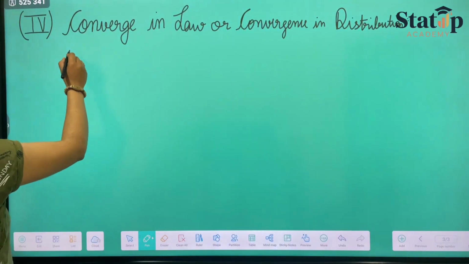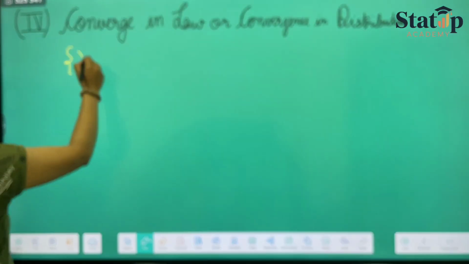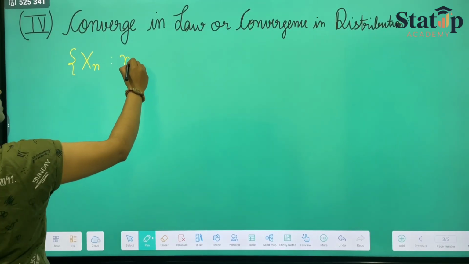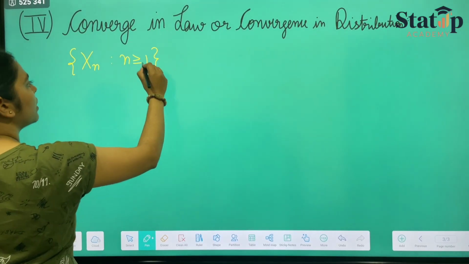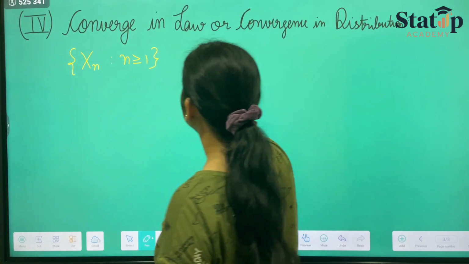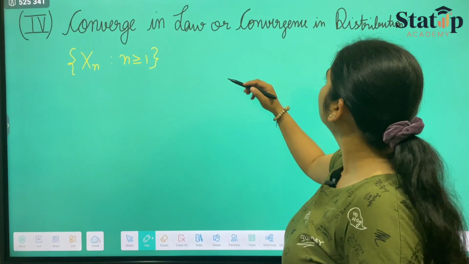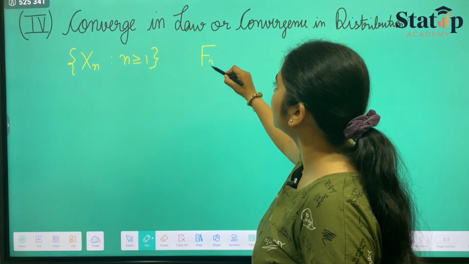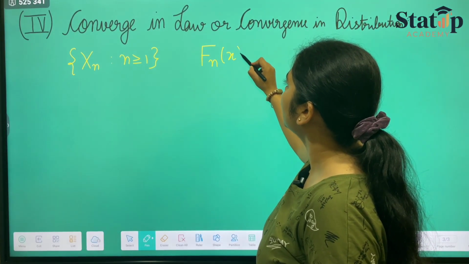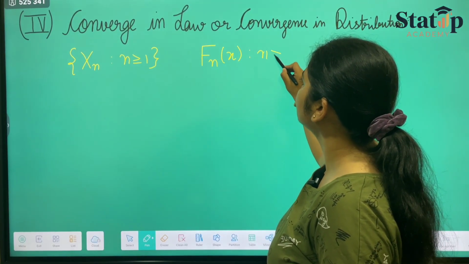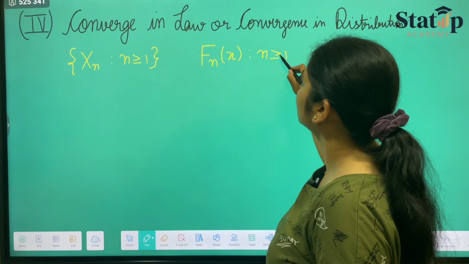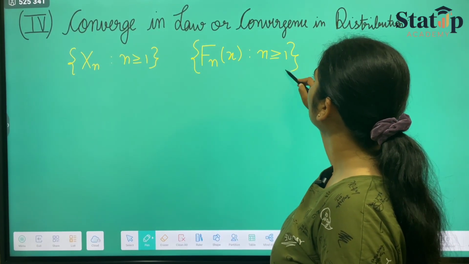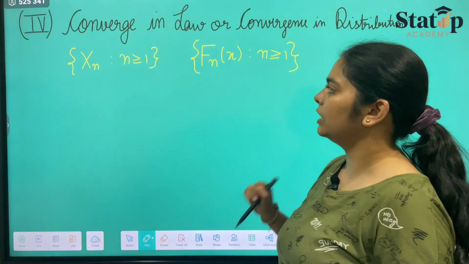Suppose we have a sequence of random variables Xn, which is represented like this. All of these Xn have a distribution function. So here I am denoting the distribution function as Fn(x), where n is greater than or equal to 1. This is the sequence of the distributions of these random variables Xn.